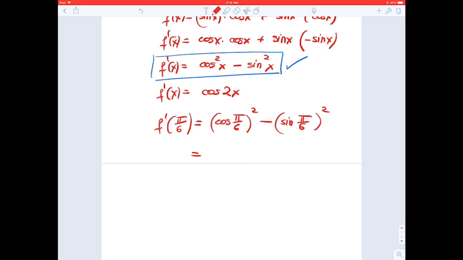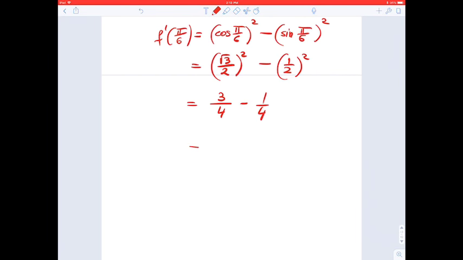Cosine at pi over 6 is square root of 3 over 2, and sine at pi over 6 is 1/2. Square root of 3 squared is just 3, 2 squared is 4, 1/4. The final answer is 2 over 4, which is actually half. That's the final answer.